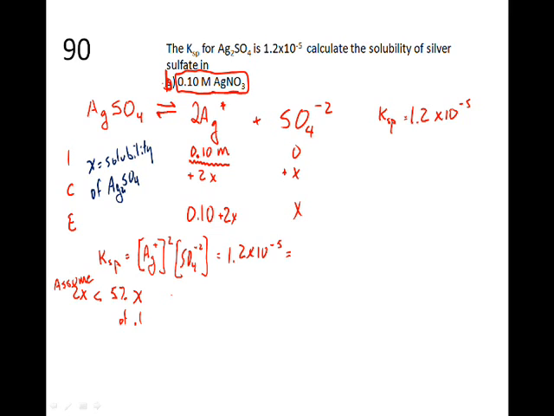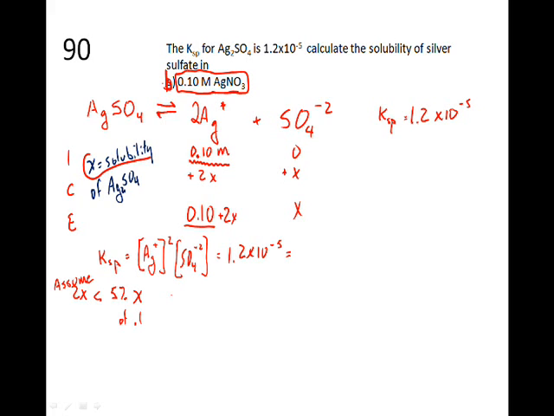So now we're still solving for x because x is still going to be the solubility of the silver sulfate. But this time our concentration of silver is going to start here at 0.1.